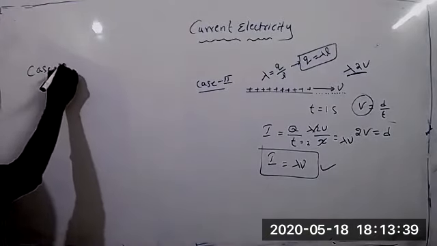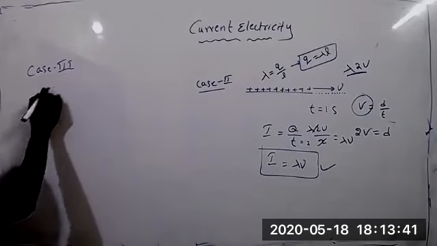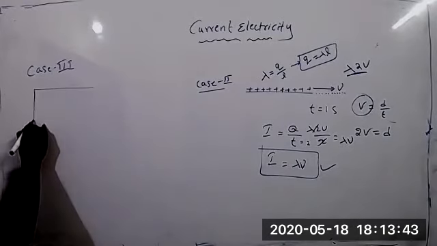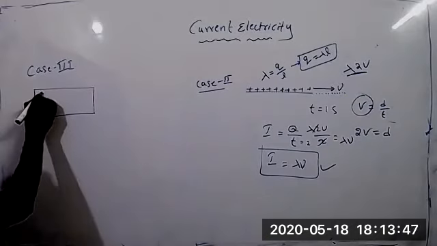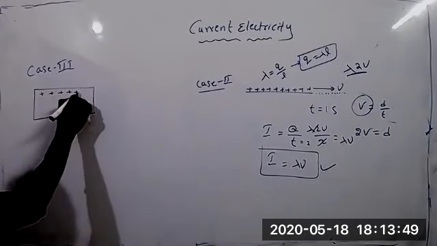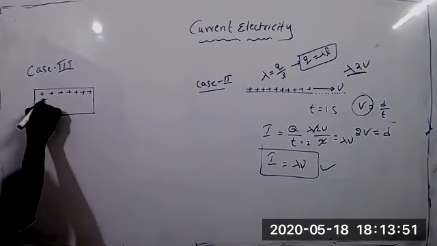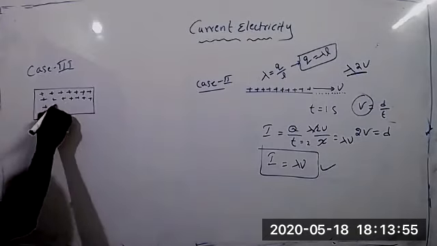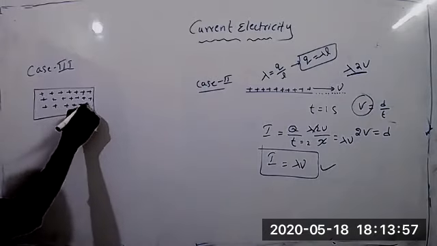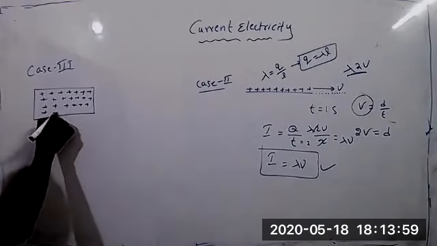Case 3. Charges are moving, which means superficial charges. Superficial charge density is also called areal charge density.